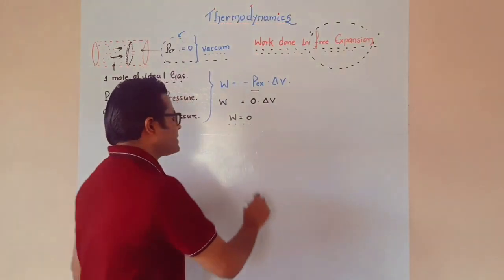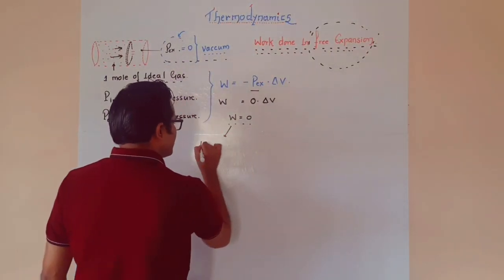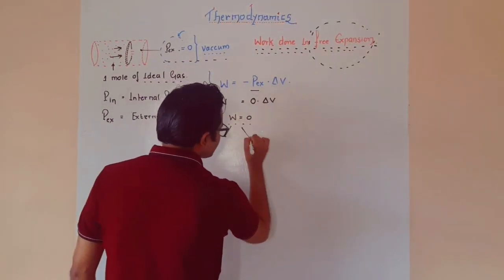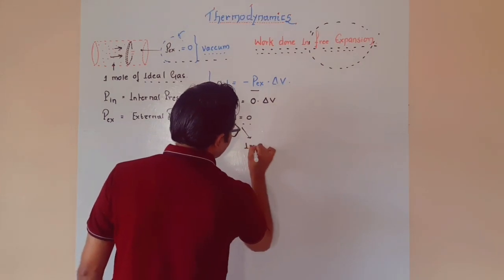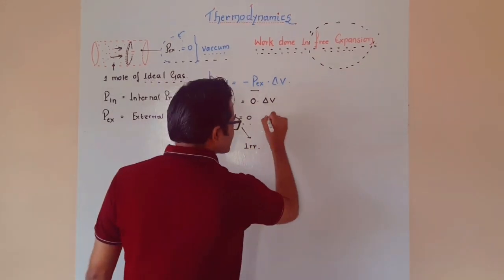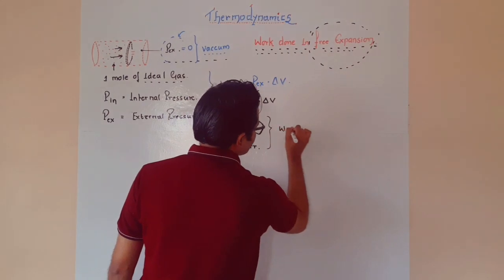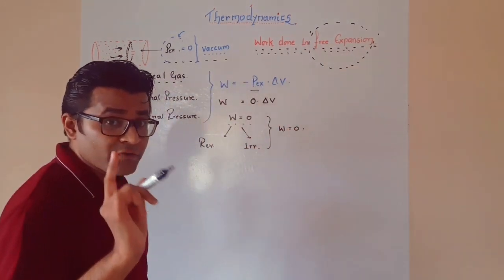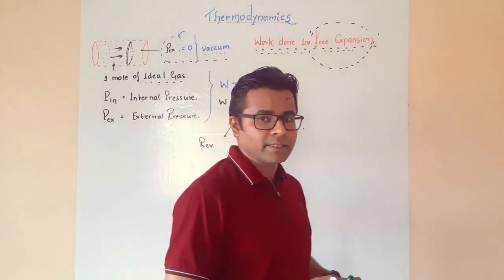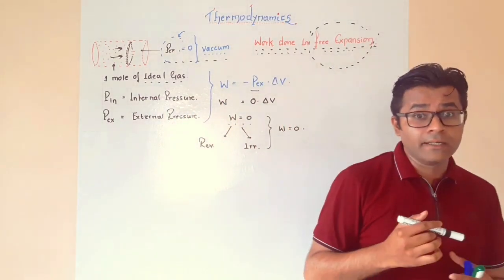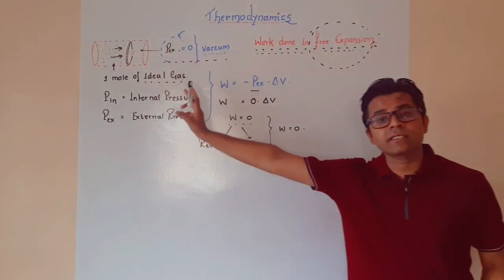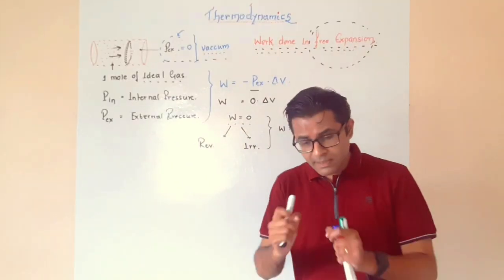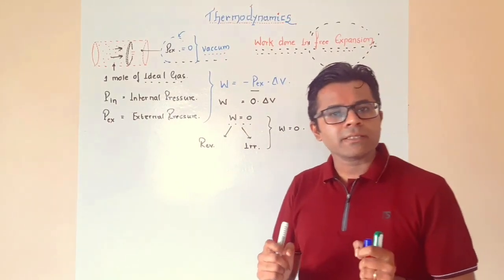Okay, so whether this particular process is reversible or irreversible, in both these conditions, the work is going to be 0 if the expansion is occurring in a free state. Correct. So this is how we need to understand. Please try to imagine things while you are studying. This is a perfect way to study thermodynamics.